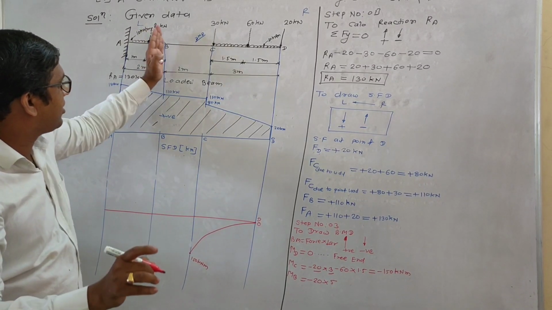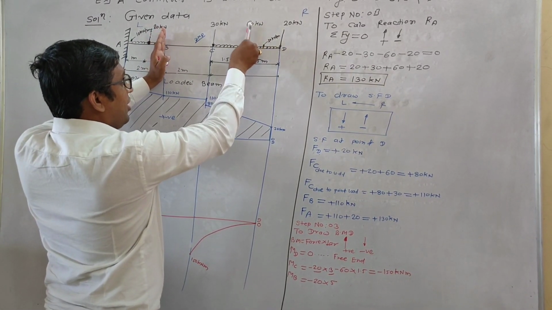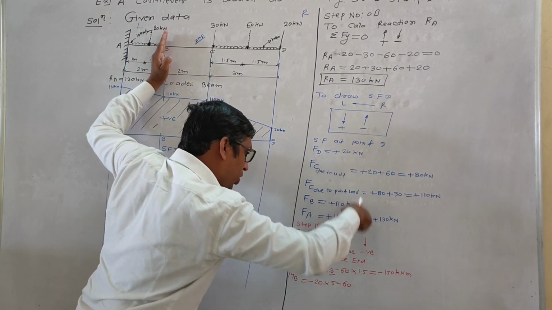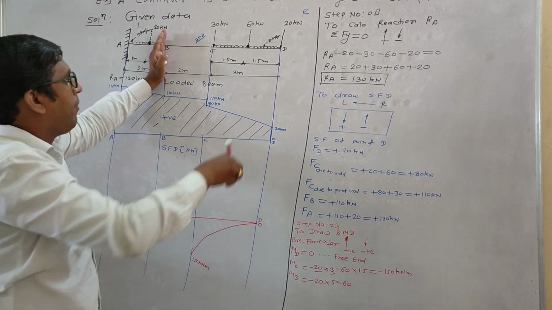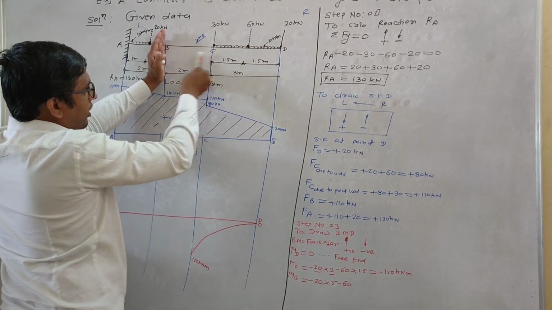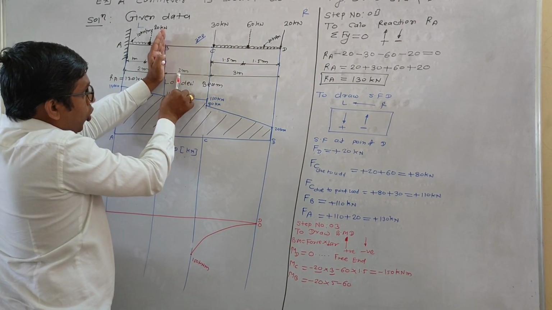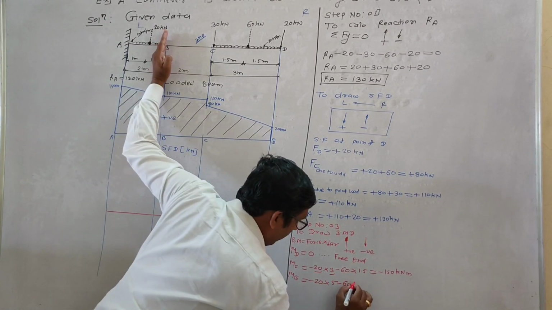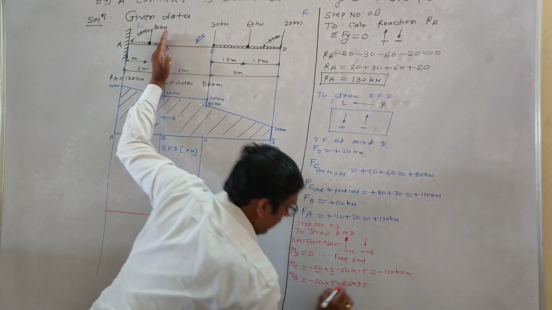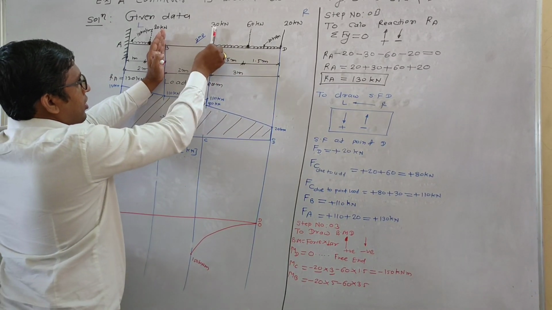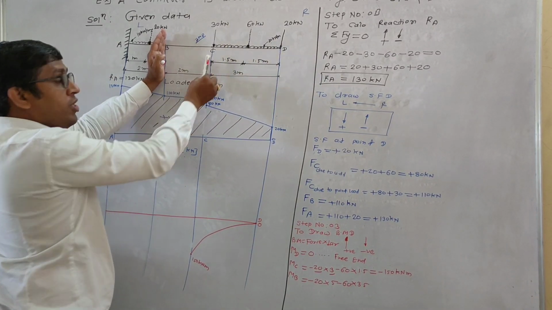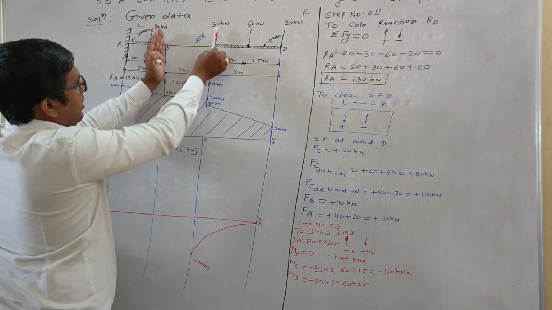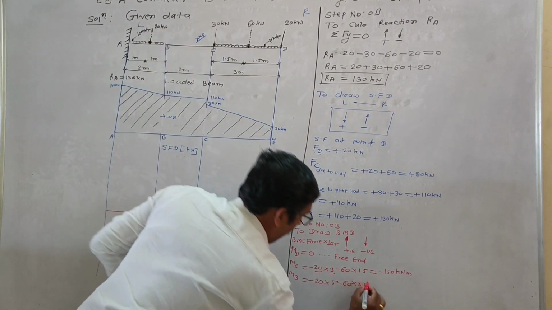Clear? Next force is 60. Minus. Why minus? Because again it goes downward. Minus 60 into the perpendicular distance, 2 plus 1.5, is 3.5. The next force, this point load, you have to consider. Why? Because there is a distance in between B and C. This again is minus.